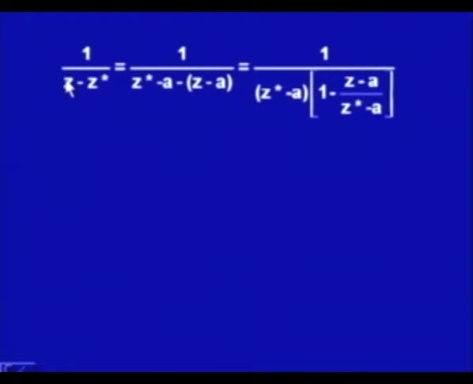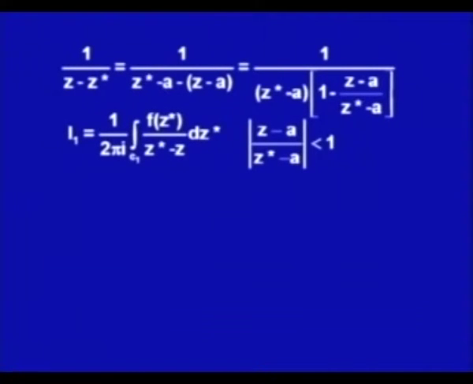Now, to evaluate these 2 integrals, I will write 1 upon z minus z star as 1 upon z star minus a, by adding and subtracting a in the denominator, and then z star minus a is taken outside and we will have 1 minus z minus a divided by z star minus a.